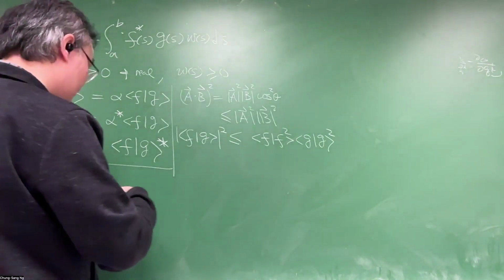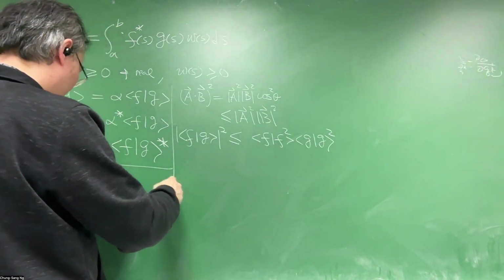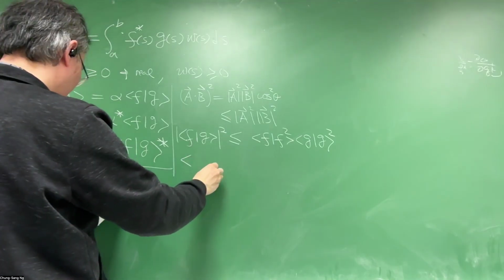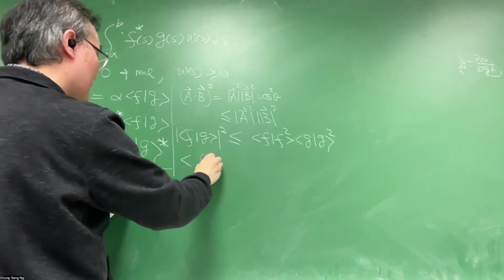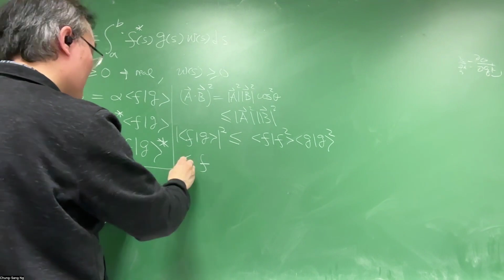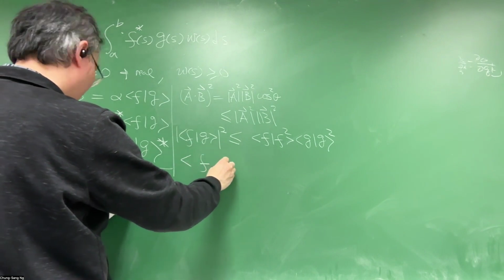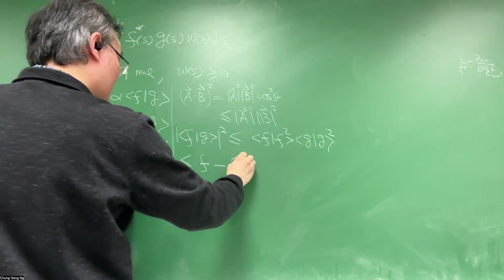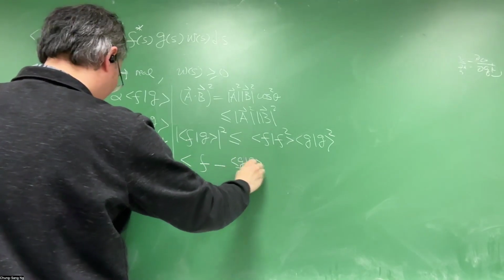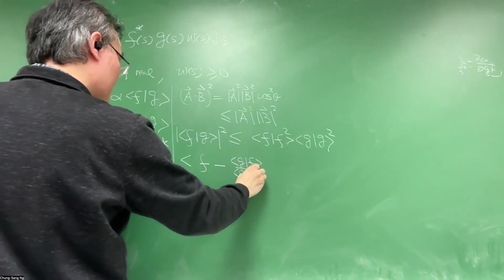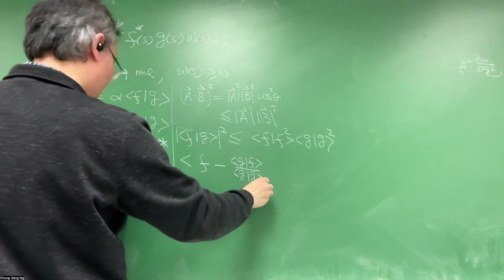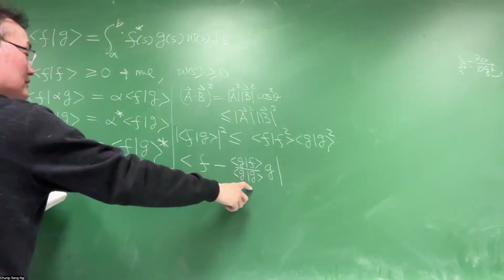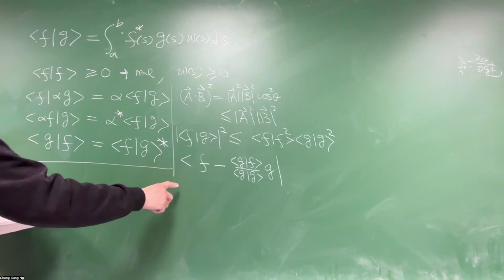Basically, instead of just F and G, you consider this vector: F minus lambda times G, where lambda is the scalar product of G and F divided by the scalar product of G with itself, multiplied by G. So this in itself is a vector, right?